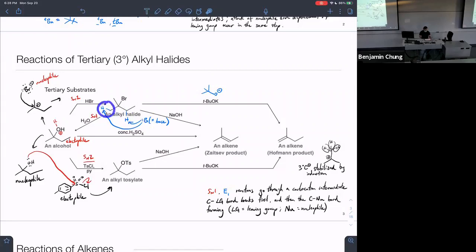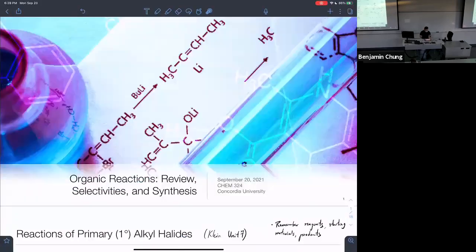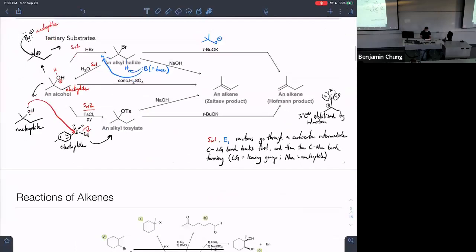So primary has less sterics, which is why if you use tert-butoxide, you would preferentially deprotonate at this position to give you an alkene that looks like that. And we call this less substituted alkene, because it only has two substituents, the Hofmann product.